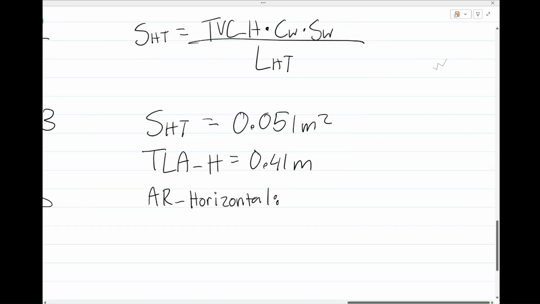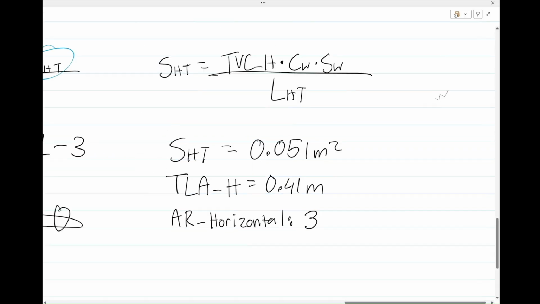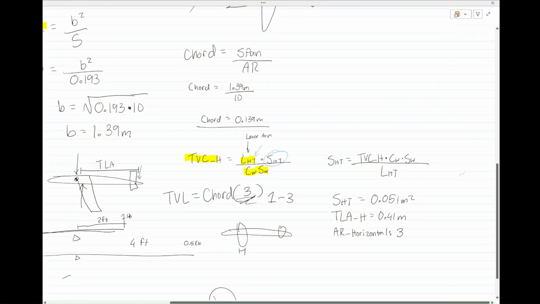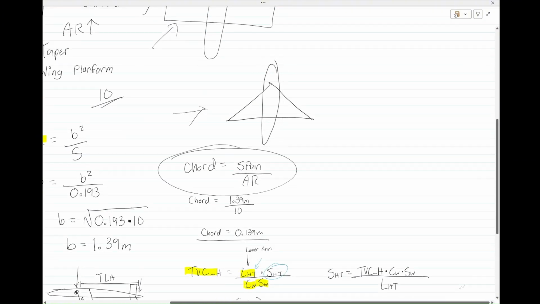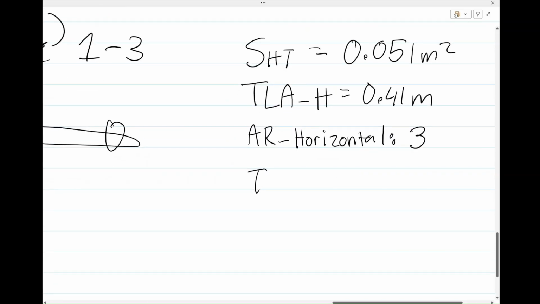It's kind of just vibes, low key. I'll pick 3. If 3 is my horizontal, I'm going to use the same formula that we used earlier: chord equals span over area. That means my H tail chord is equal to 0.12 meters.